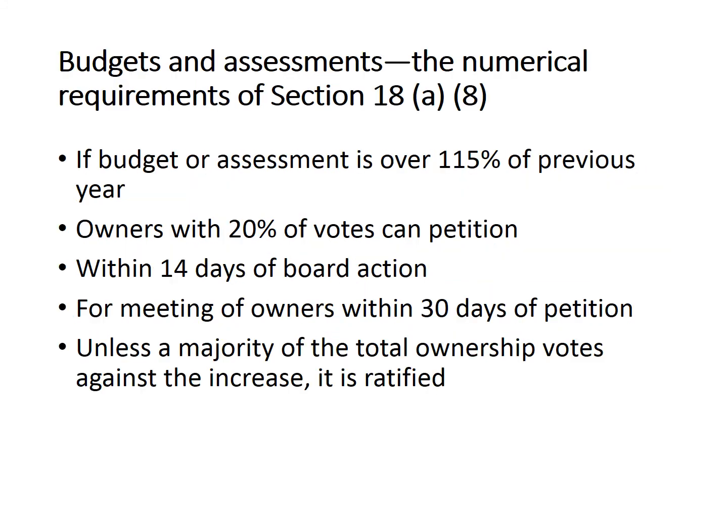This is interesting. This is section 18A, subsection 8. It's complicated. It's about budgets and assessments, so I wanted to just summarize it on a slide here. This is what it says. It takes forever to say this. If the budget or a special assessment is over 115% of the previous year, then owners with 20% of the votes can petition within 14 days of the board action on this assessment.